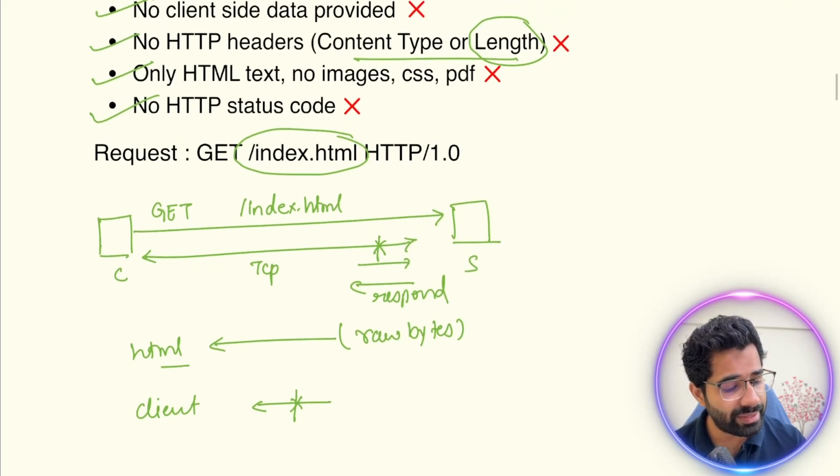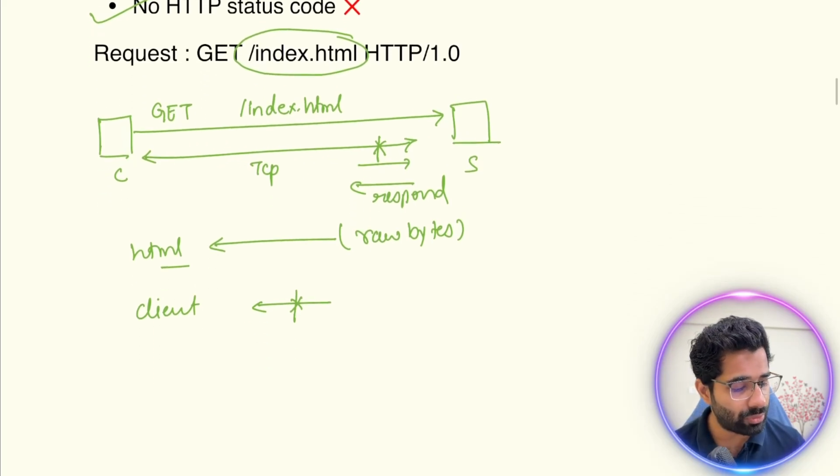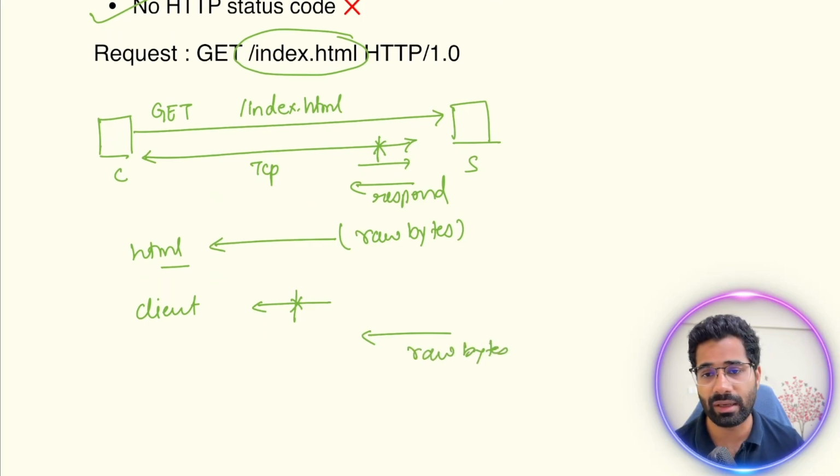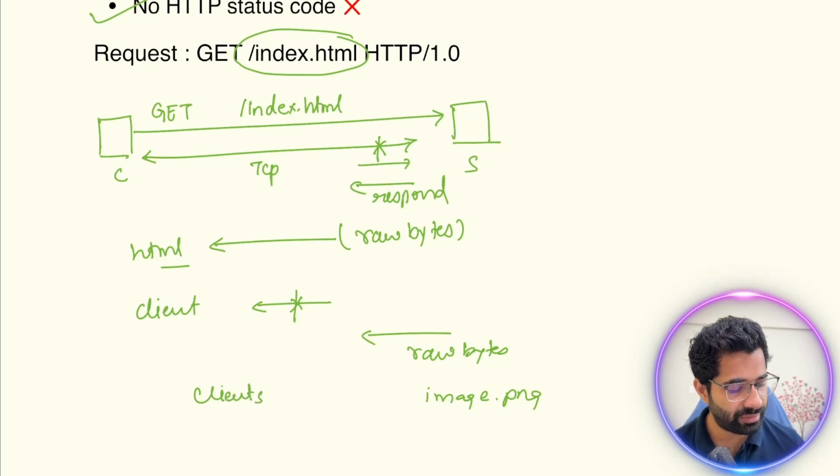Now, because the content type was missing, the server was only allowed to send raw bytes. These raw bytes could be anything. It could be HTML data, data from a PDF, an image.png, any file format. But the problem was, since the clients were not aware what content type the raw bytes were for, whether an image or an HTML file, they would always assume it's an HTML file by default.